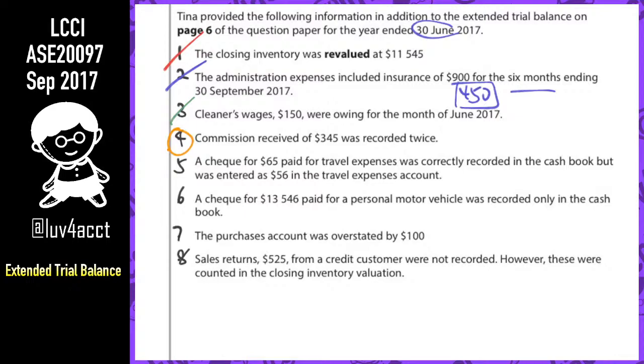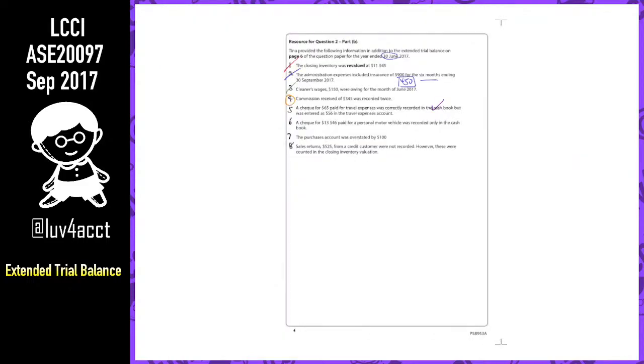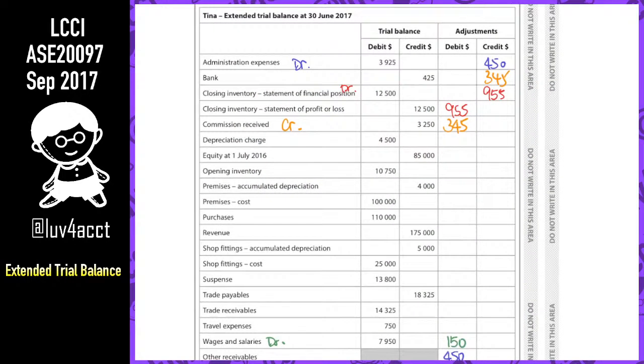So 65 paid, correctly recorded in the cash book, but then 56. 65 minus 56 will be 9 dollars. We have to add 9 dollars to the travel expense account. Travel expense, add 9, so debit, and then credit suspense.